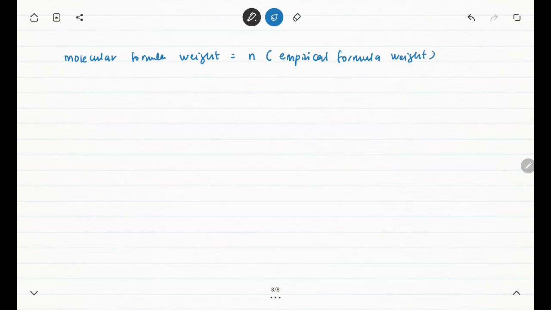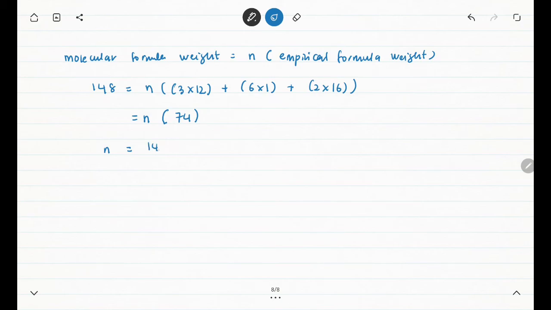The molecular formula weight has been given, 148, equals n times the empirical formula weight, which is 3 times 12 plus hydrogen 6 times 1 plus oxygen 2 times 16. So you will get n times 74. So n is 148 divided by 74 equals 2. So you know the value of n is 2.